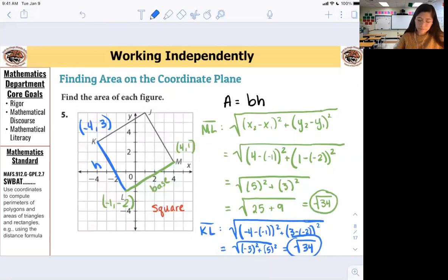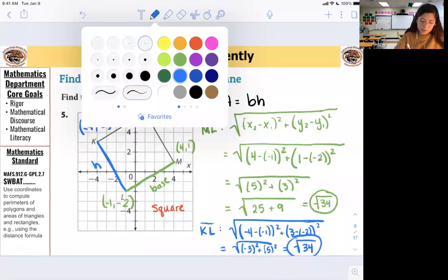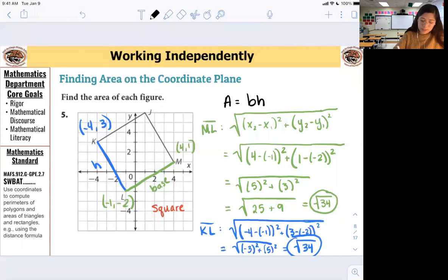Okay. Now that I have my two distances, base times height, well, this is going to be the square root of 34 times the square root of 34. What is it when you multiply the two same numbers, or something by itself? What is that called?